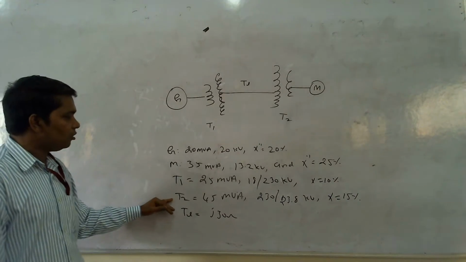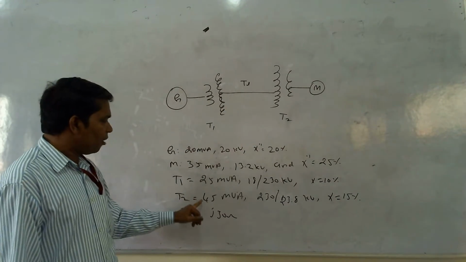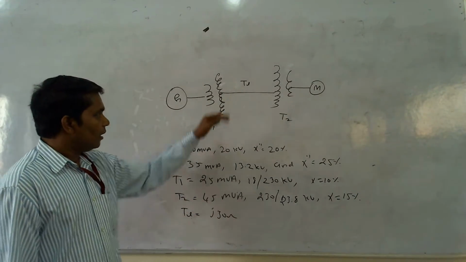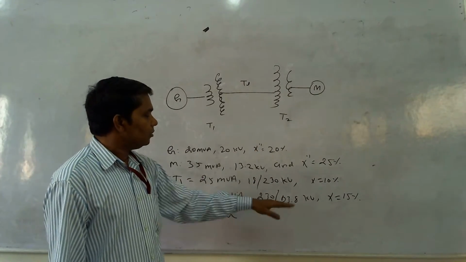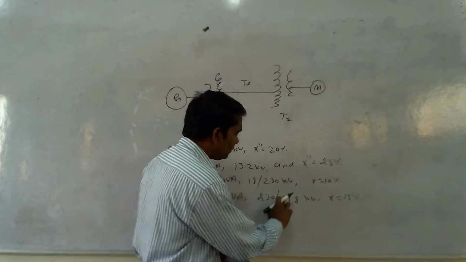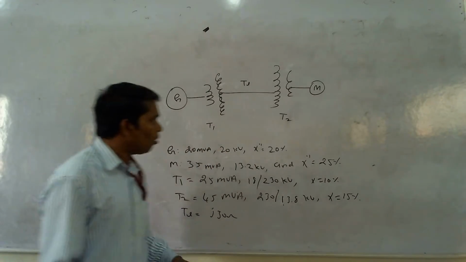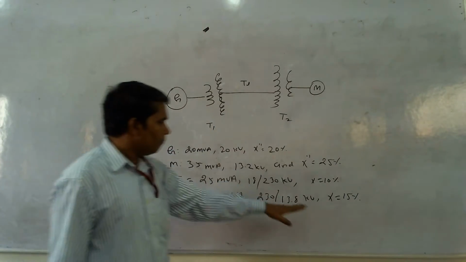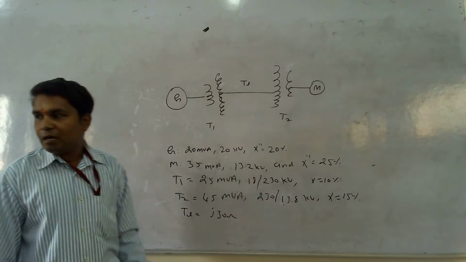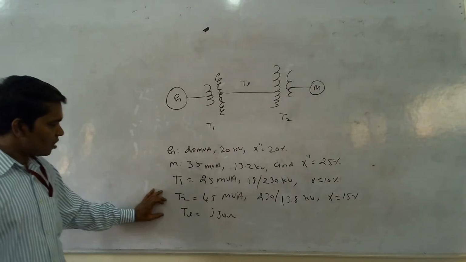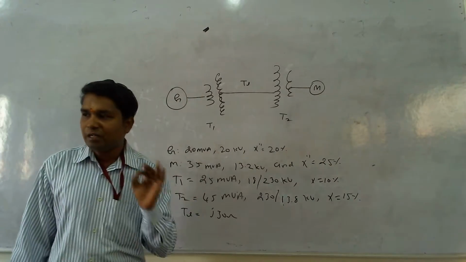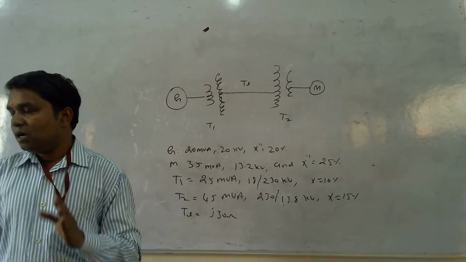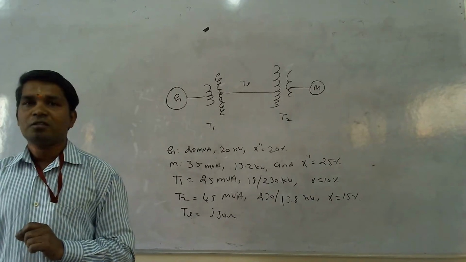Transformer 2 has 45 megavolt ampere, 230 kilovolt on the primary side and 13.8 kilovolt on the secondary side, with reactance of 15%. The transmission line has a reactance of 30 ohms. Now we have to solve this numerical.